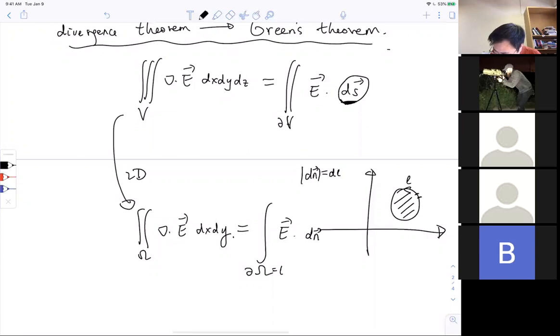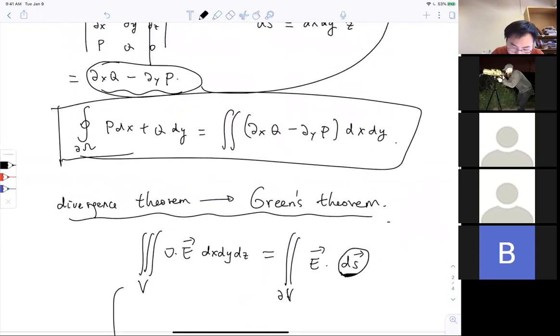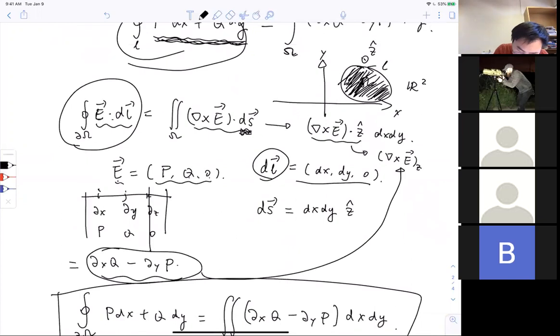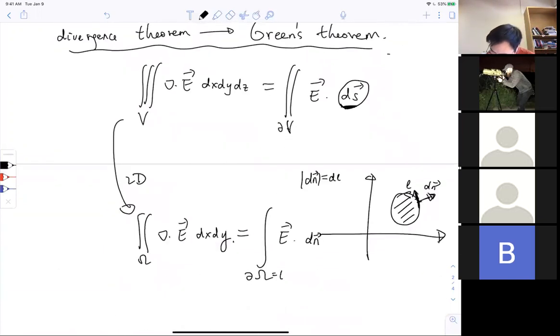So it's kind of the infinitesimal line element, but the direction is normal to this line. So I denote it as dn. And remember dl we used before for line integrals is this vector dl.